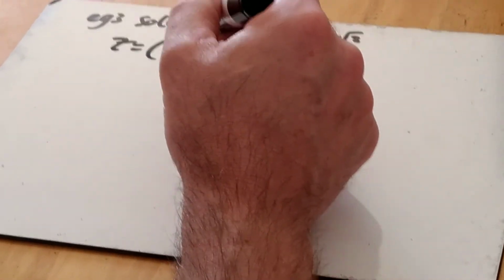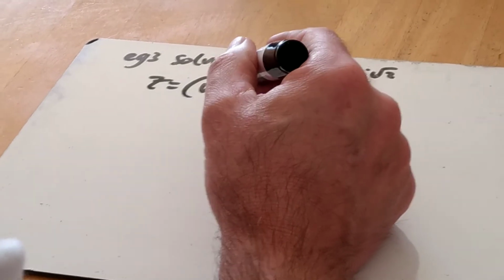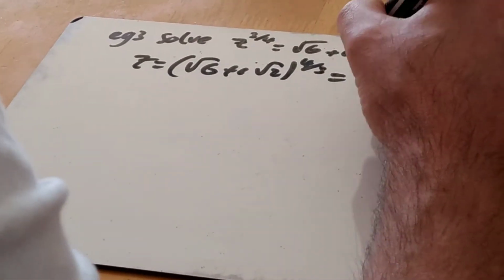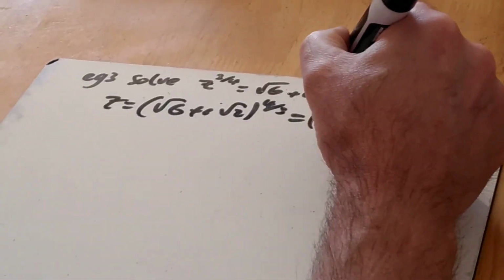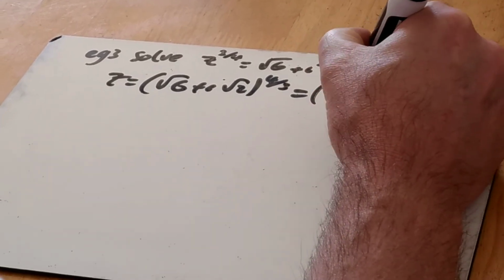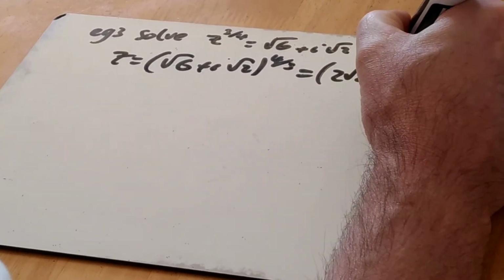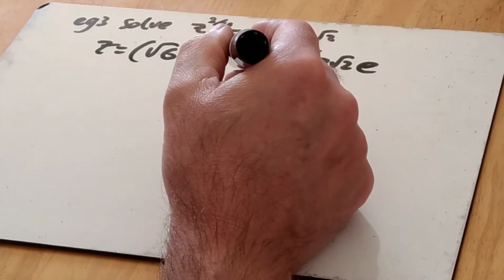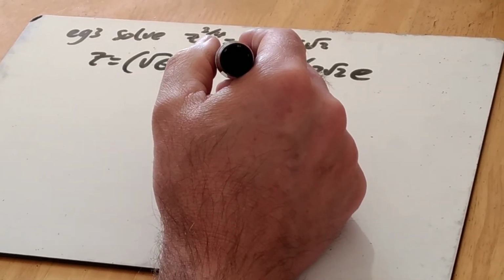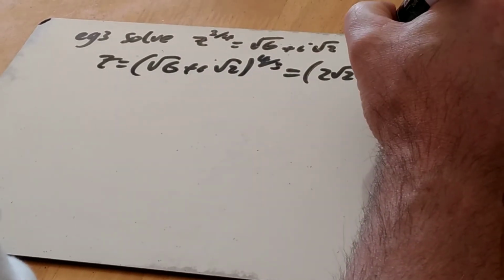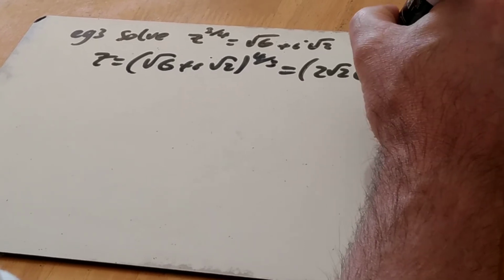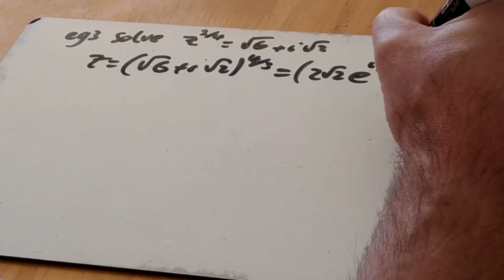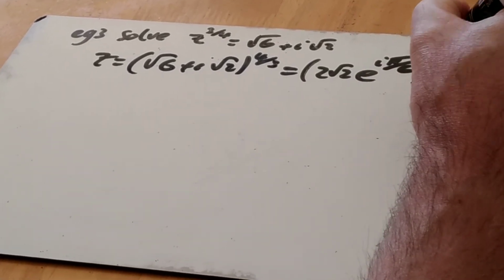So the mod of it is going to be root of 6 plus 2, root 8, or 2 root 2. E to the root 2 over root 6 is root of a third, 1 over root 3. So it's, because it's nice and positive, i pi over 6 to the 4/3.